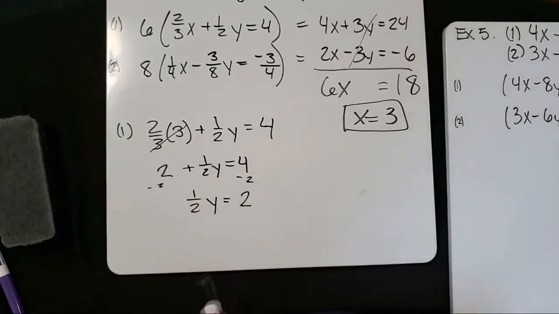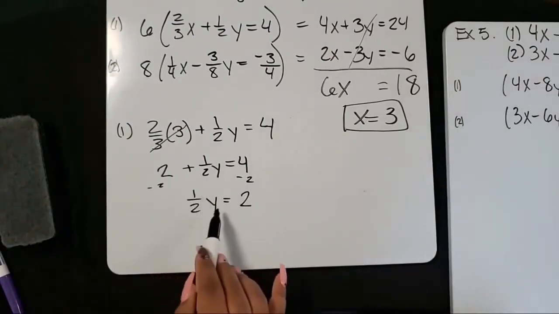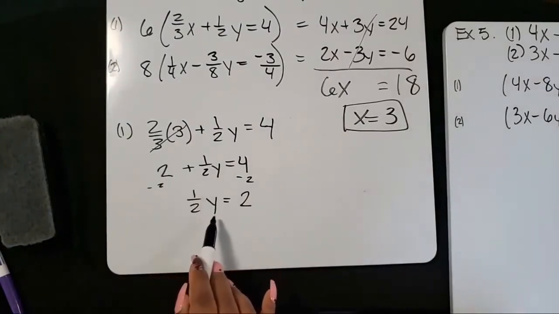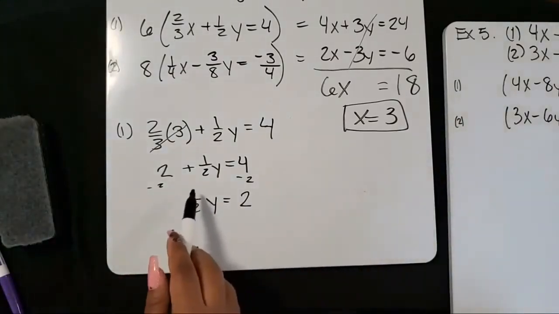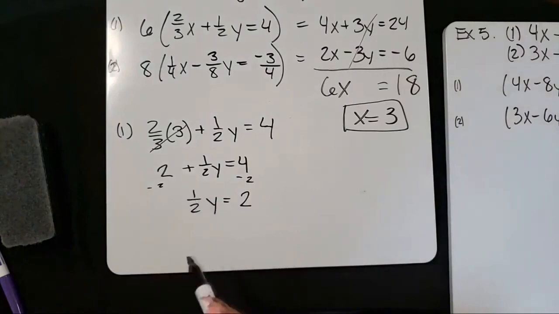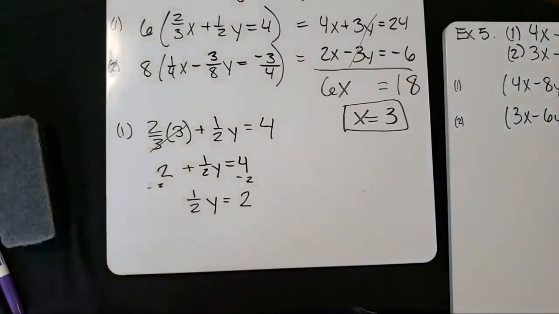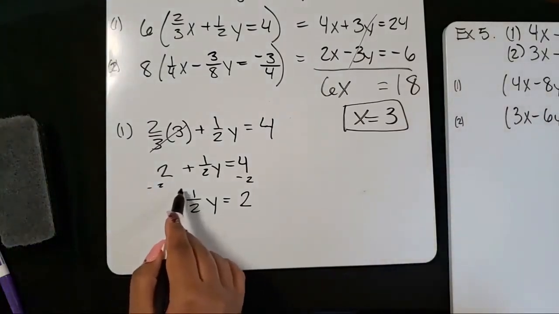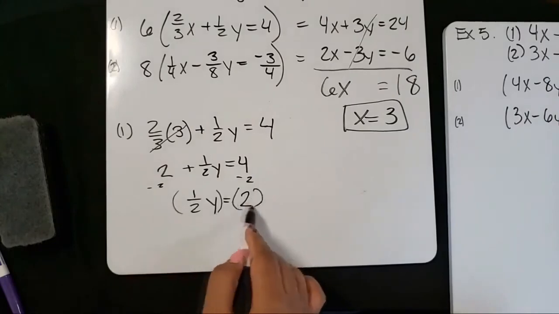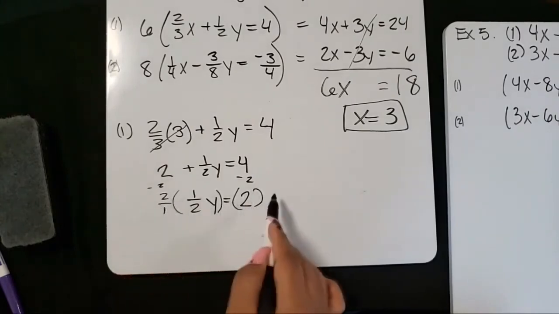Now, this 1/2 is being multiplied by the y. So to remove it, we have to divide by 1/2 on both sides. But the way that we divide fractions is we multiply by the reciprocal. So we have to multiply both sides by 2 over 1.